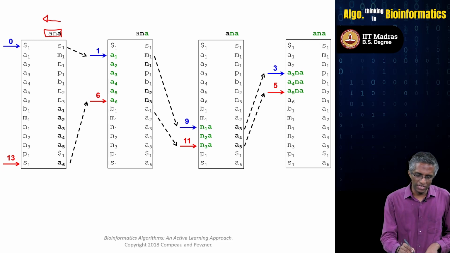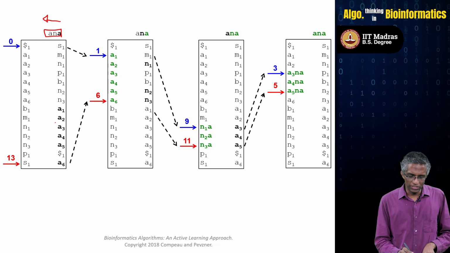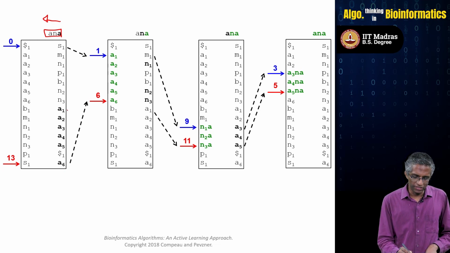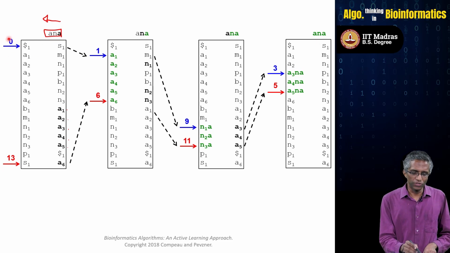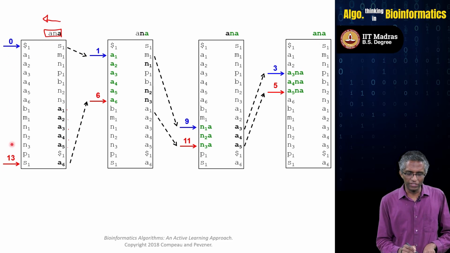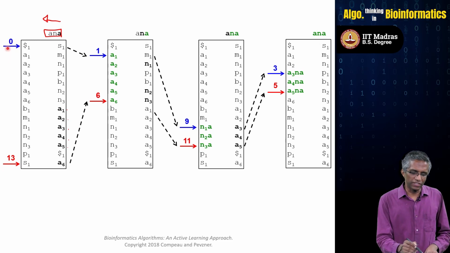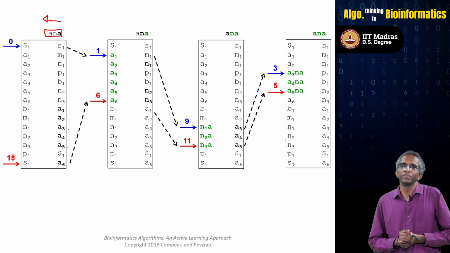You start with the last letter A, and you look at the last column and see that it has A's in these positions, right? Initially you don't know where ANA is occurring, so 0 is the starting location and 13 is the final location, so ANA can occur anywhere between 0 and 13, okay?